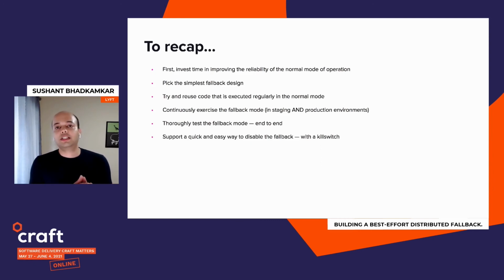Still try and exercise the fallback mode as well in your staging environments, perhaps your production environments as well. Make sure you have enough automated tests. You can manually test the fallback, and then finally, still make sure that you can quickly disable the fallback if you think it's making the outage even worse.